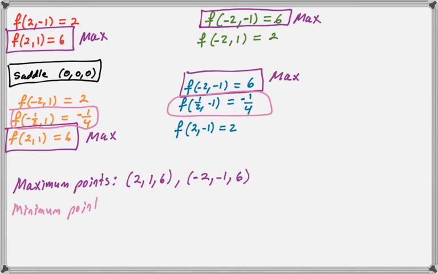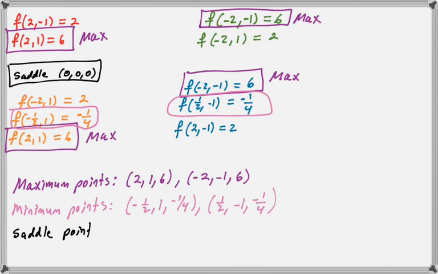So we have minimum points at -1/2, 1, and -1/4, and 1/2, -1, and -1/4. Okay, and then we'll also put our saddle point on there. And we'll write down our function, f of xy is equal to x squared plus xy.